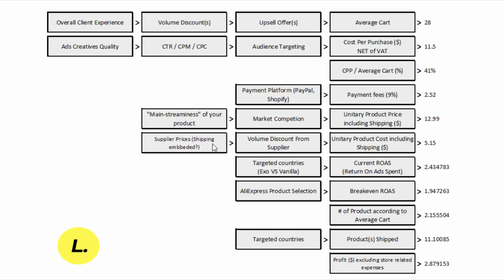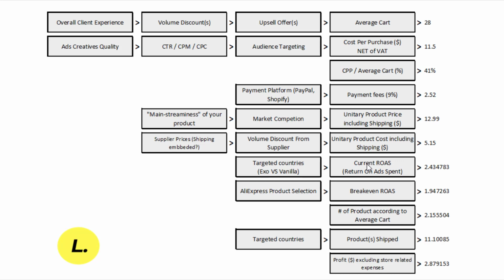If you have a product of 5 USD total, 2 USD of shipping and 3 USD of product, with a fully embedded price, for 4 products you will pay 4 times 5, so 20. If the price is broken down between shipping and product, you'll pay 4 times 3, so 12. Then okay, you will not pay 2 for the shipping, but you may pay 4 or 5. It will still be 17 or 18, but you get the point. You get a discount, and that's key.